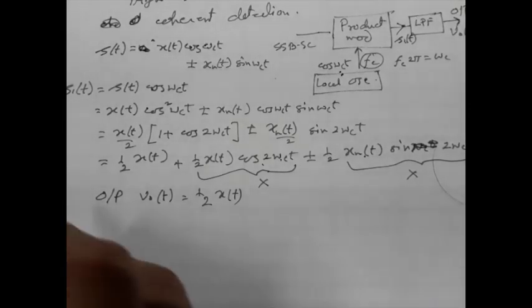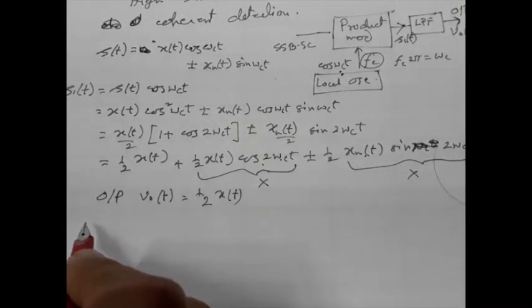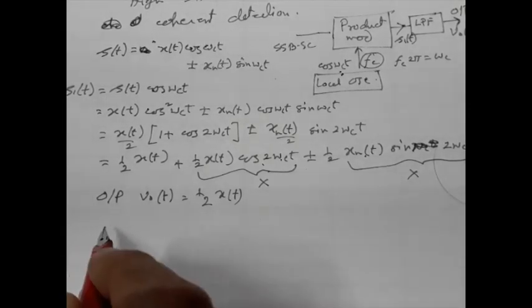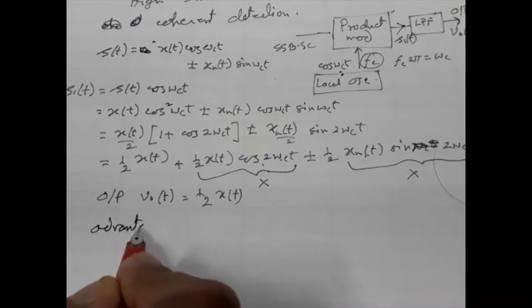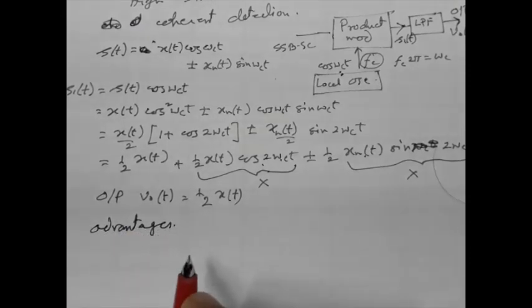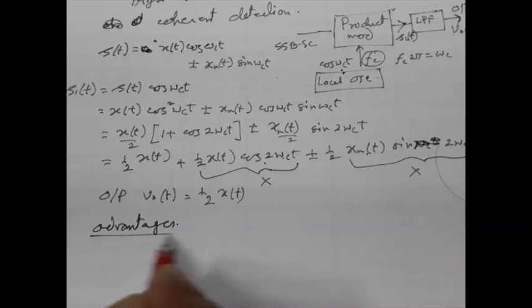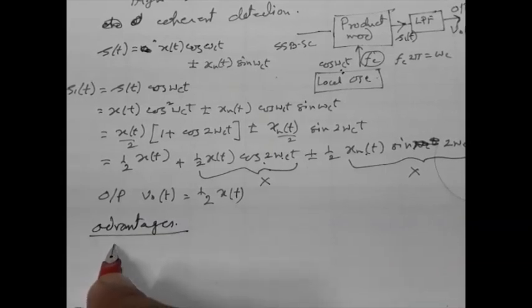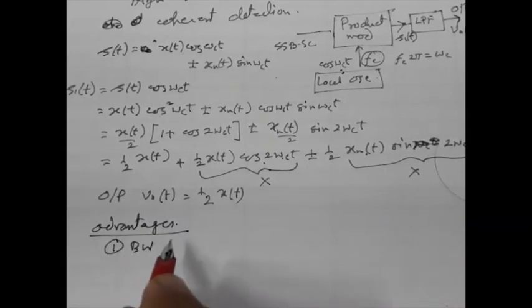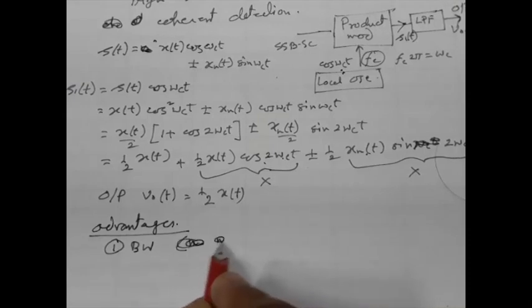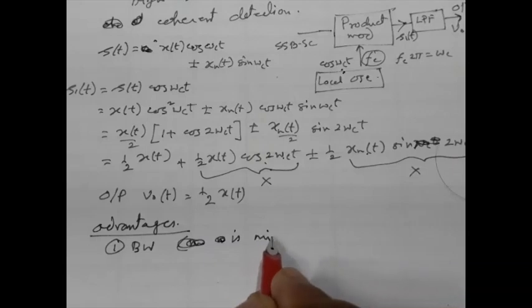So let us now try to understand the relative merits and demerits of SSB-SC. First, the advantages. One of the basic advantages is the bandwidth. SSB-SC has minimum bandwidth.